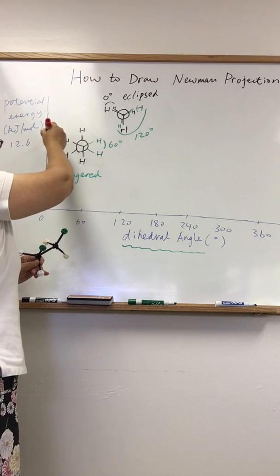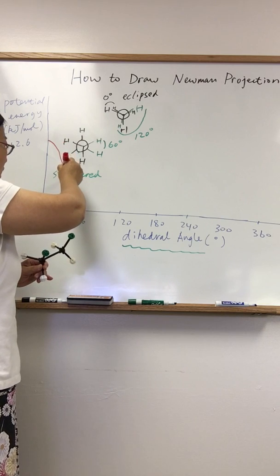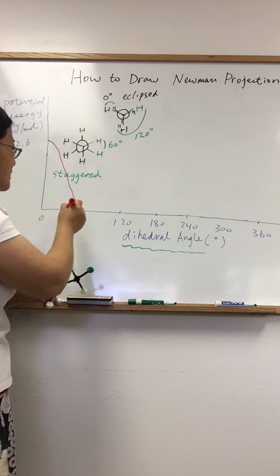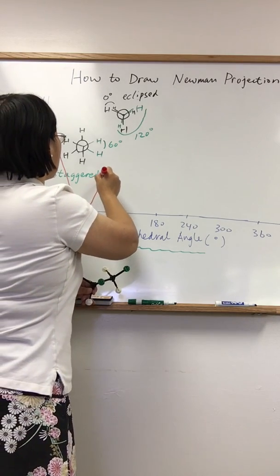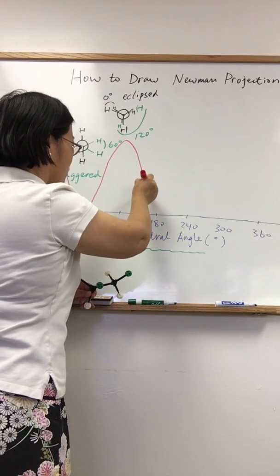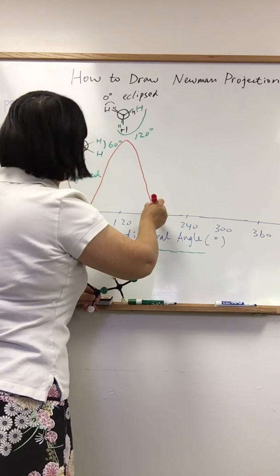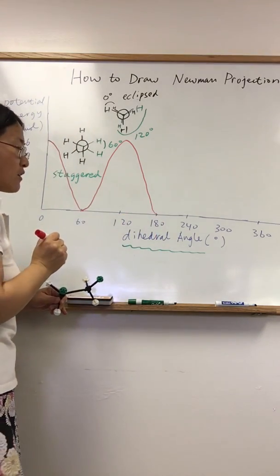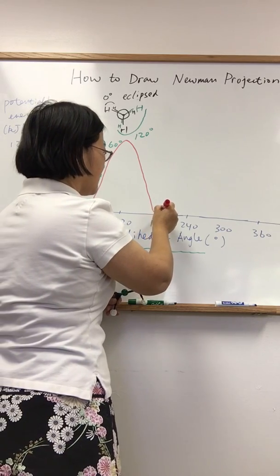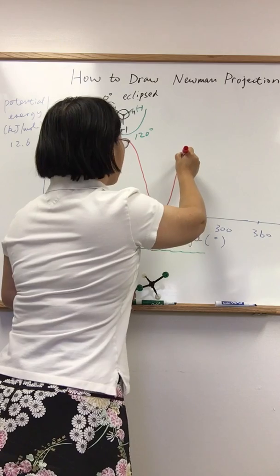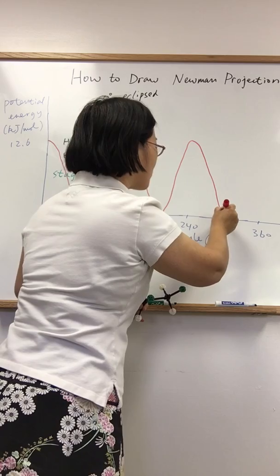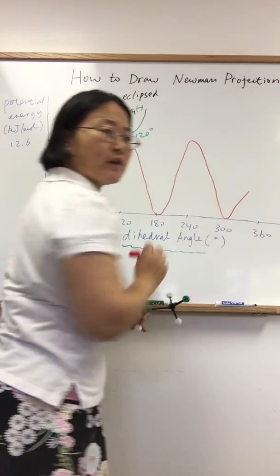And once you rotate the carbon-carbon bond, the potential energy drops to 0 for a staggered conformation, and goes up to 12.6 for a 120 degree dihedral angle, moves down to 0 for another staggered conformation when the dihedral angle is 180, and moves up to 12.6 again for 240, and moves down to 0 for 300, and keeps moving.